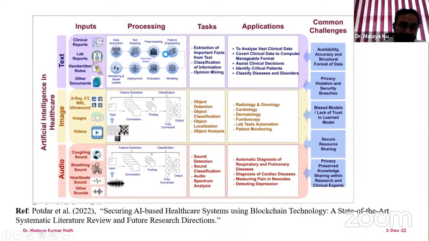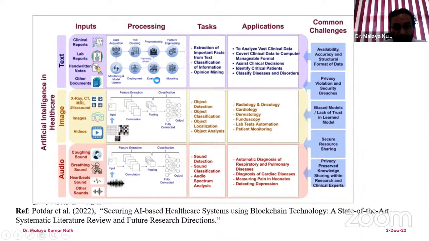Feature engineering is an image processing or signal processing process by means of which certain features, the uniqueness of the diagnostic information, are captured. This diagnostic information is helpful for modeling a particular kind of model, whether a deep learning model or a machine learning model.